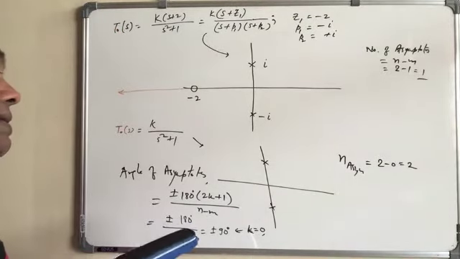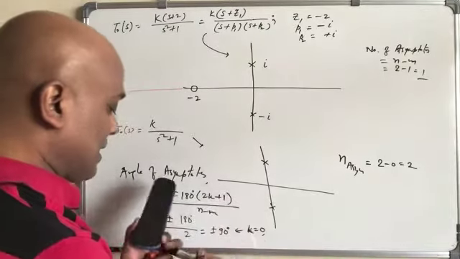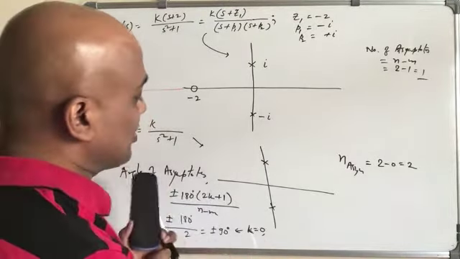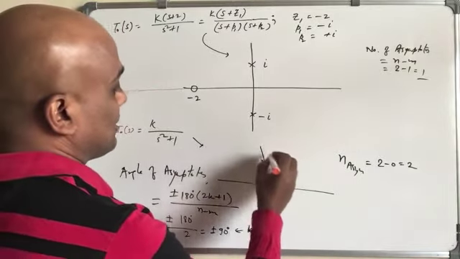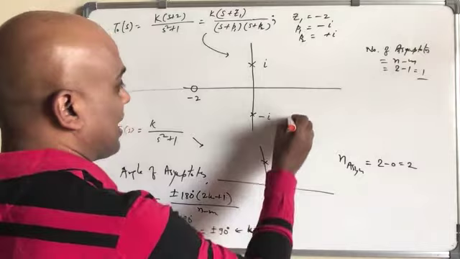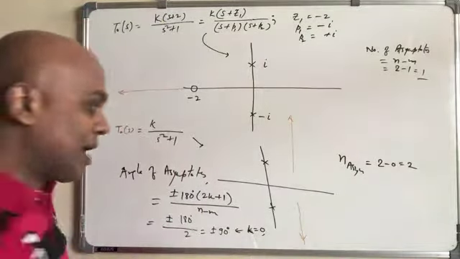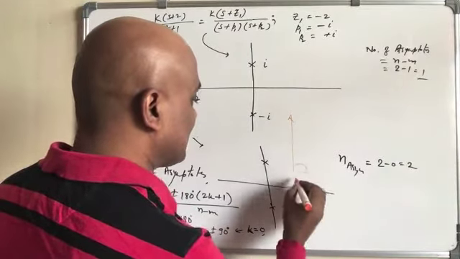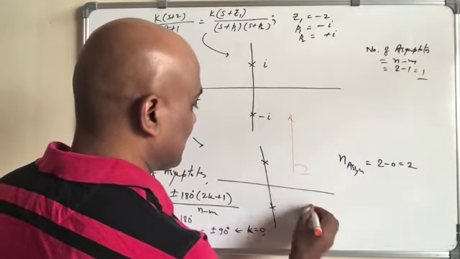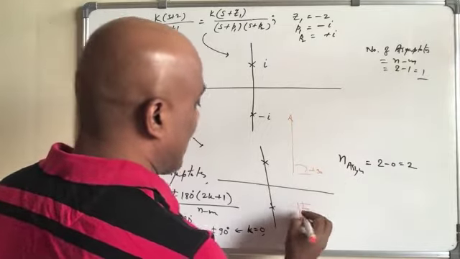And 90 degrees means the asymptotes will go somewhere like this, because this is what 90 degrees is: plus 90 degrees and minus 90 degrees.